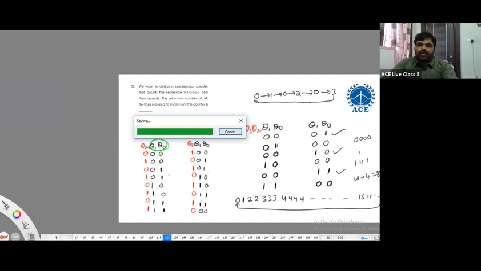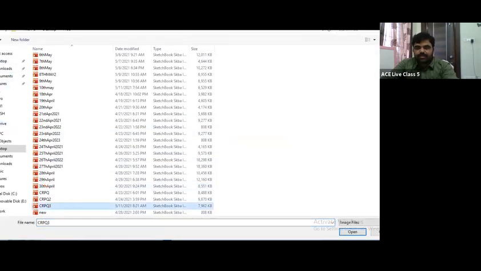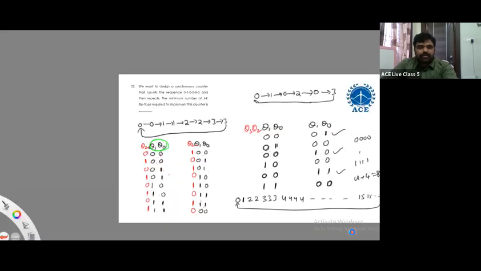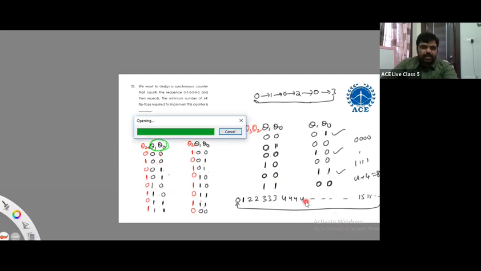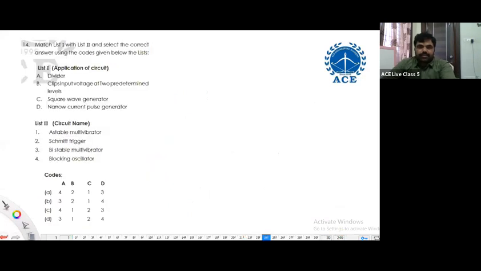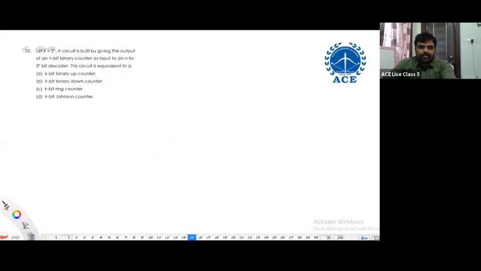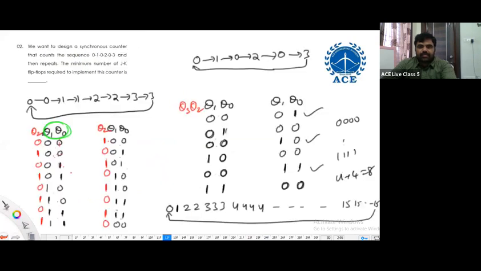So to differentiate 0 to 15, first to write 0 to 15, we need 4 bits.